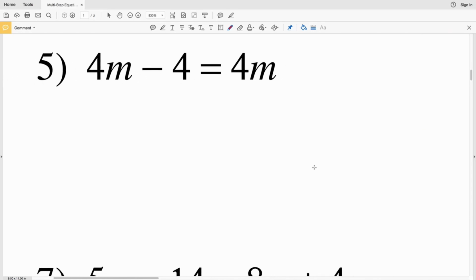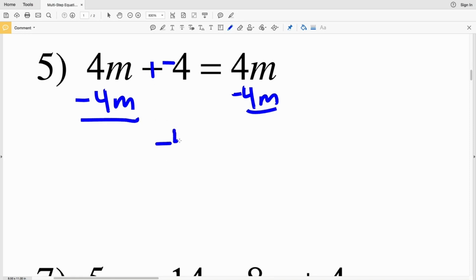Number 5, 4m minus 4 equals 4m. I'm going to start by subtracting 4m from both sides. I'm left with a negative 4 on the left, since it was subtracted originally, equal to 4m minus 4m, which is 0.